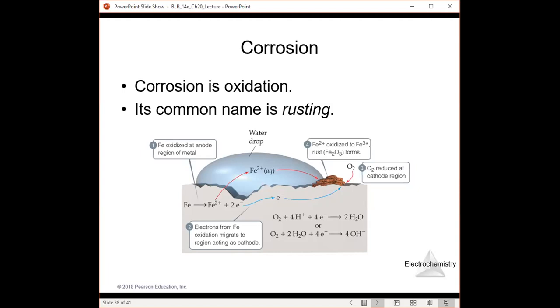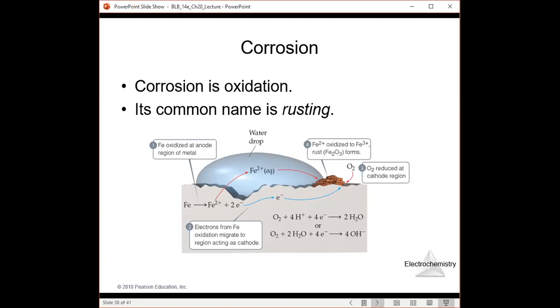That is literally what happens with a drop of water on something that's rusting. The electrons from the iron migrate to the region that is acting as a cathode, and that's how the rust starts building up. So yes, it is a redox reaction in a simple water drop.